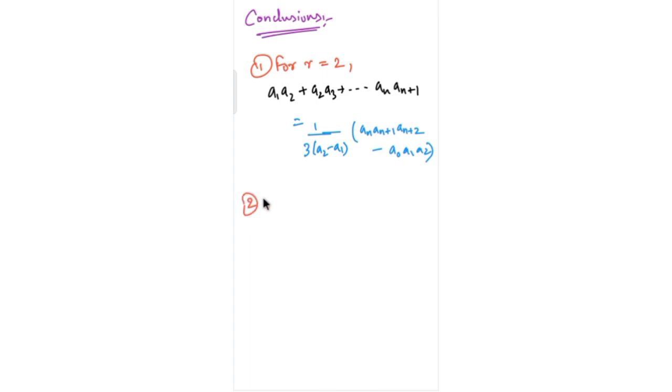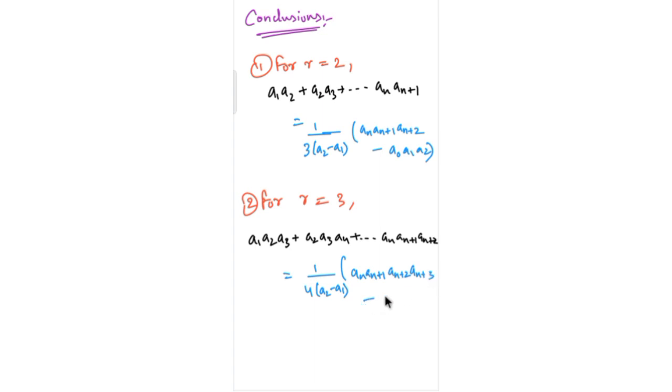And for r is equal to 2, we have discussed it just now. For r is equal to 3, we write this to be a1 a2 a3 plus a2 a3 a4 plus so on, plus a(n+1) a(n+2) a(n+3), which is equal to 1/4 of (a2 minus a1) into a(n+1) a(n+2) a(n+3) minus a0 a1 a2 a3.